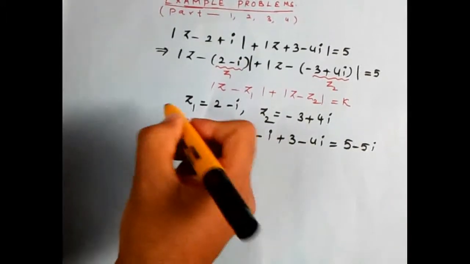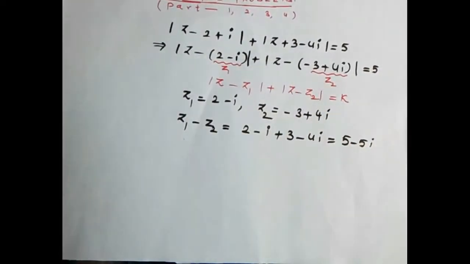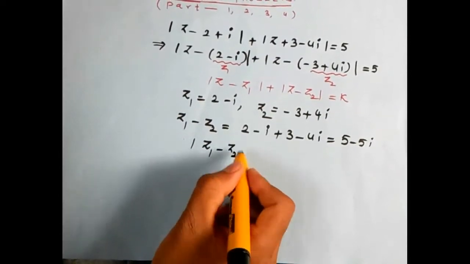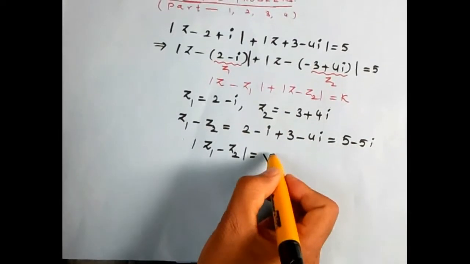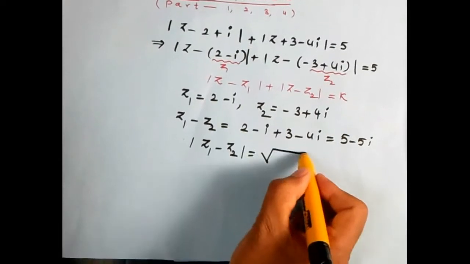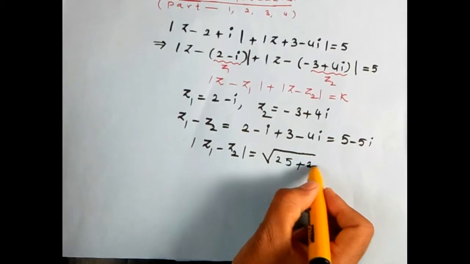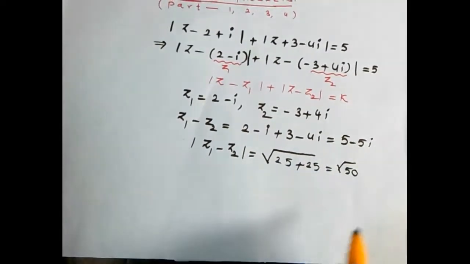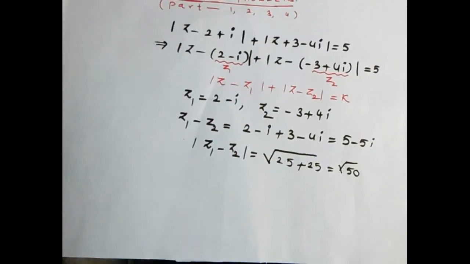So I got z1 minus z2 equals 5 minus 5i. Now modulus of z1 minus z2 equals what? Its magnitude, its length. What is the formula? Root of x square plus y square. So 5 square 25 plus 5 square 25, that equals root 50. So modulus of z1 minus z2 equals root 50.